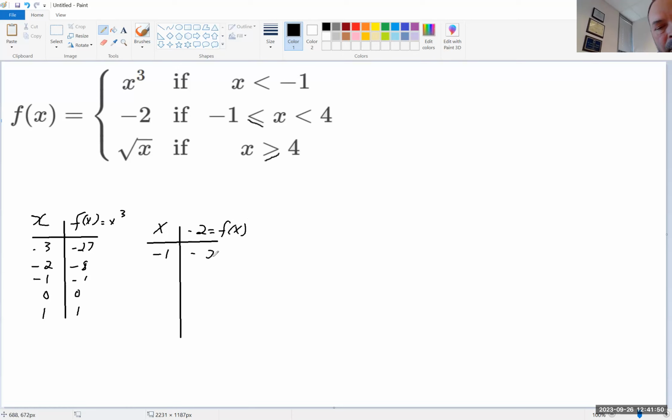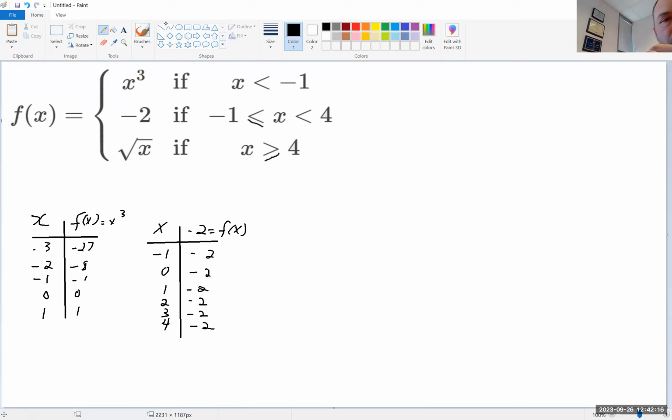The output is -2. When the input is 0, the output is -2. When the input is 1, the output is -2. And I guess since we're going all the way, we might as well go all the way to the endpoint, which is going to be 4, and these are all going to be -2s.